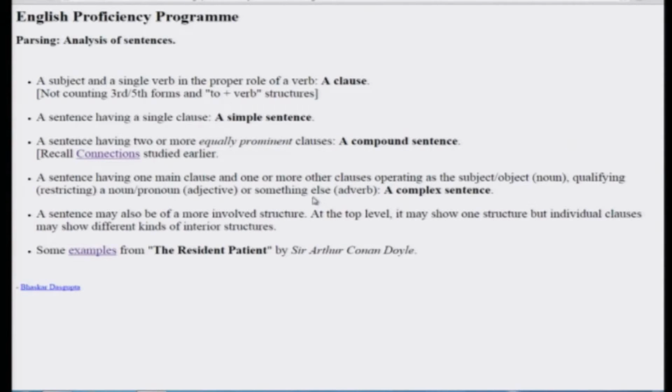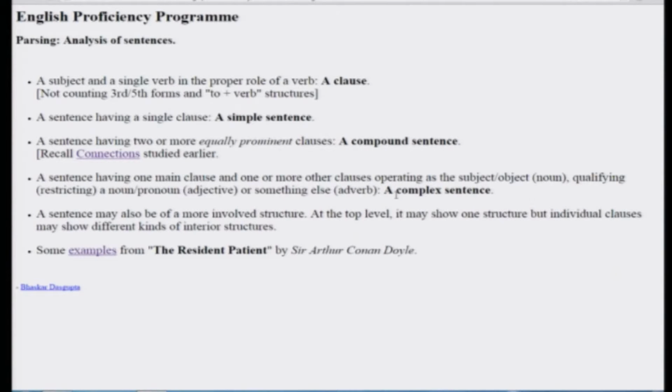So, such sentences in which there is one main clause and other clauses operate as small items here and there, that kind of a sentence is called a complex sentence.